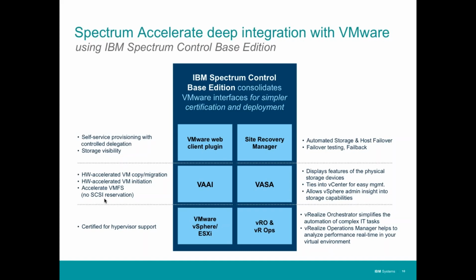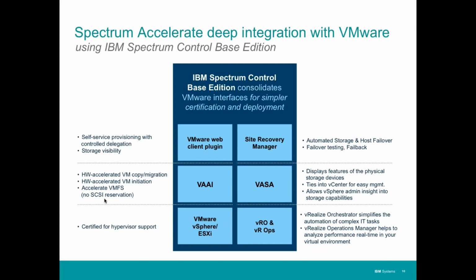Same thing with VASA. Now with VASA, we expose what the storage can do, whether it's deduplication or thin provisioning, or simply what RAID levels are supported and what kind of performance can be expected, and that is exported to vSphere and vCenter.